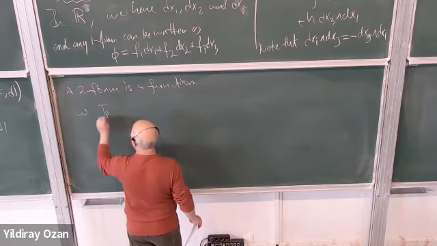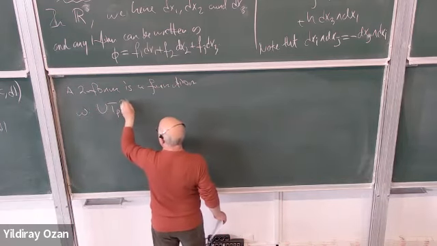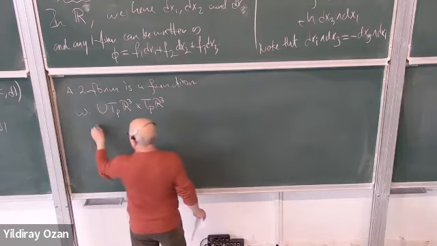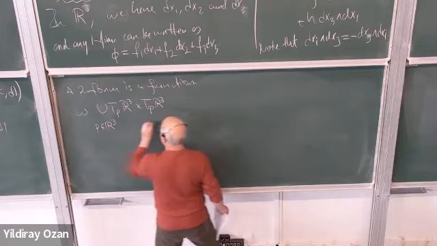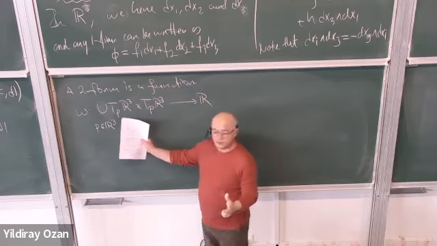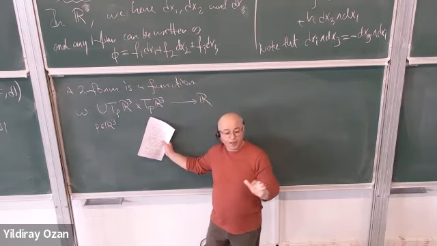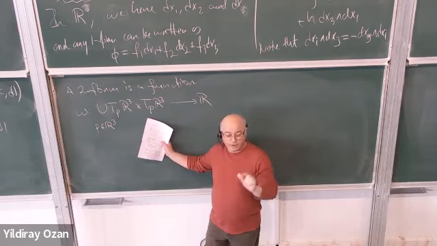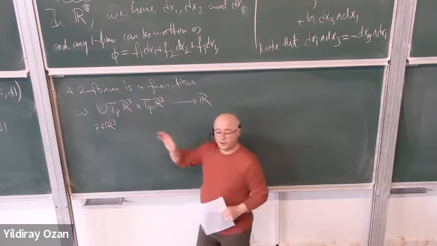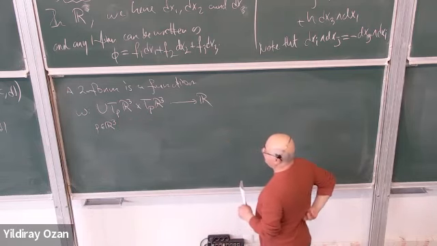You have the tangent space TP, and you take the union of these because you do this at every point of R3, and it gives you a real number, right? You give two vectors, it measures kind of the area of the parallelogram spanned by those vectors, okay? It does it at every point. You give two vectors at every point, it just computes the signed areas.